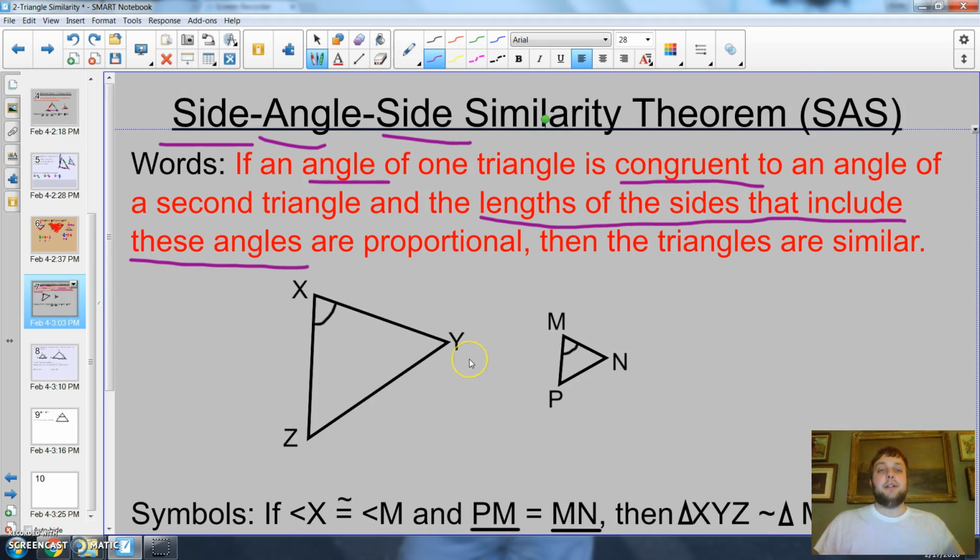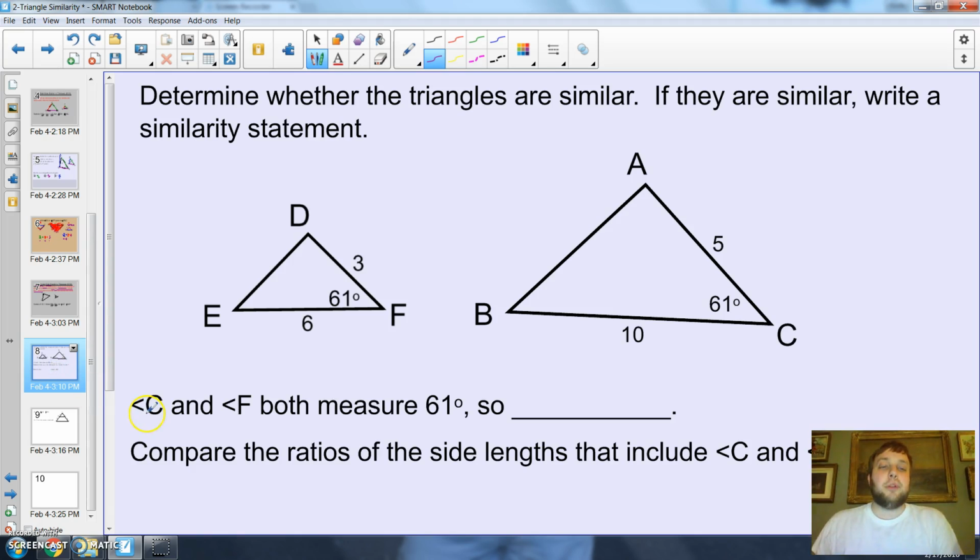So first of all, you have to have an angle that's congruent, and then the two sides that are attached to that angle have to be proportionate. We're gonna be done in plenty of time.